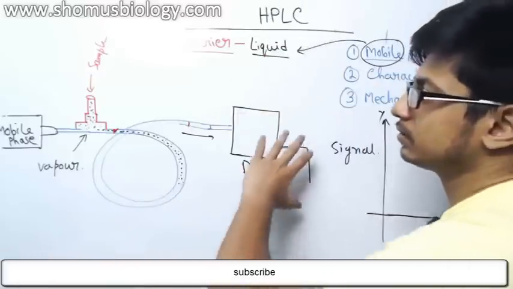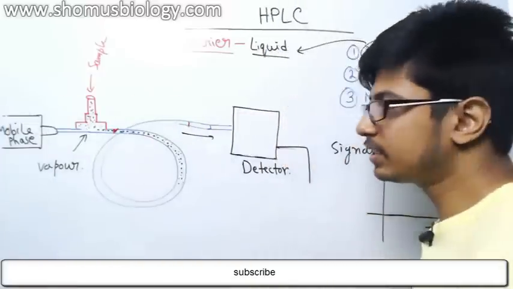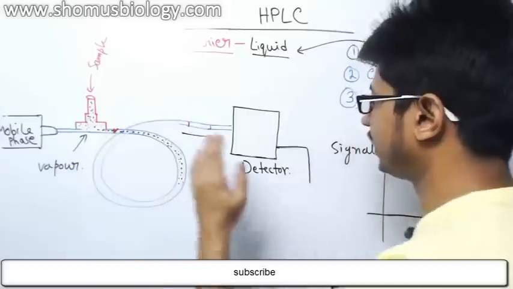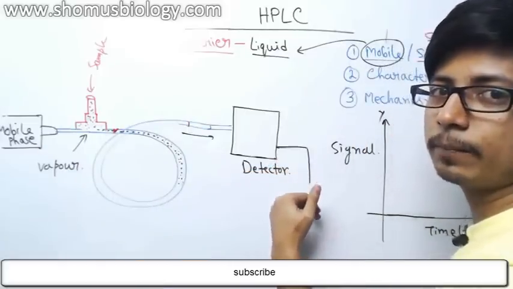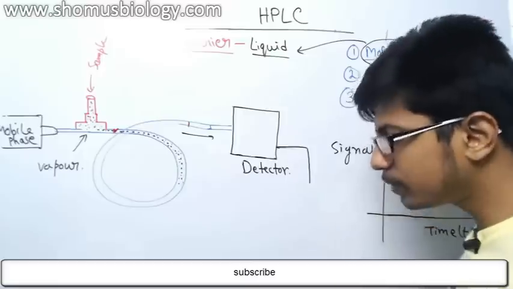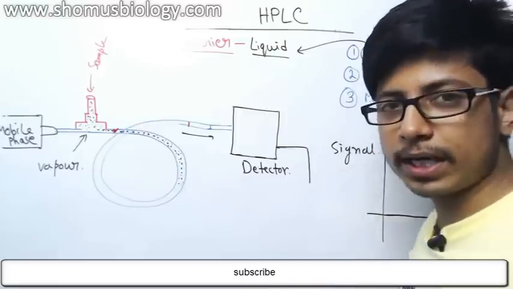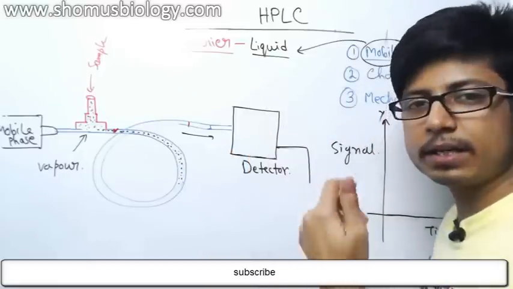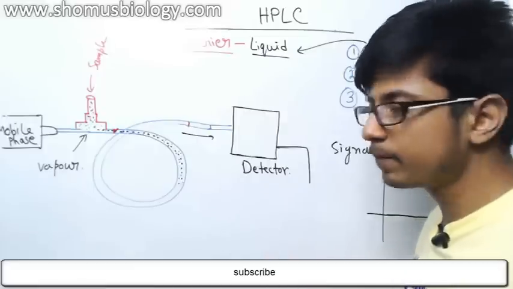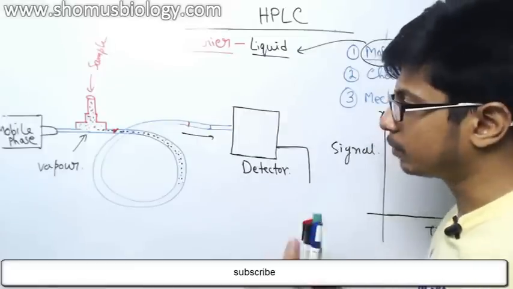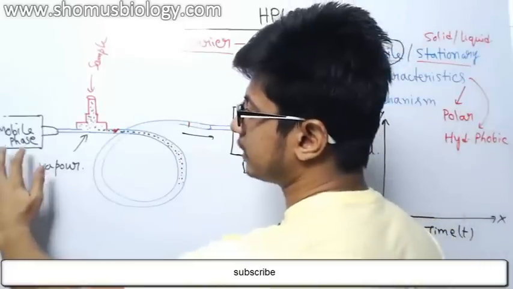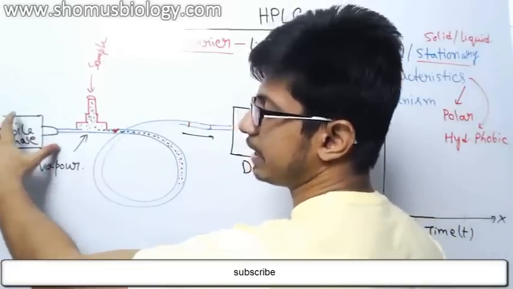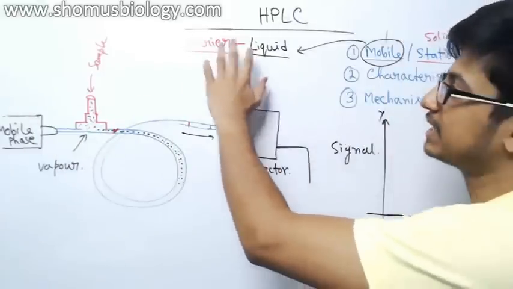This is the complete picture, where it starts with the mobile phase and ultimately ends in the detector. The detector is connected to a computer, and the computer is attached to a monitor. The computer uses the data from the detector and puts it in a graph that gives us an idea about what is separating and what is not. It starts with the mobile phase, a liquid phase that acts as a carrier.